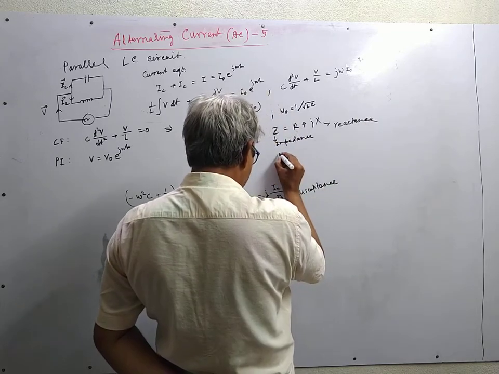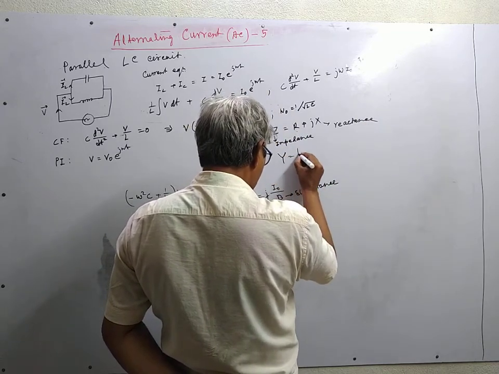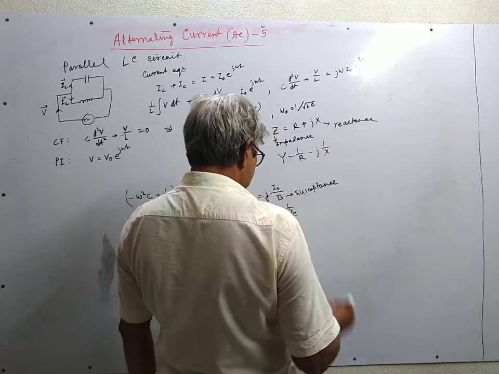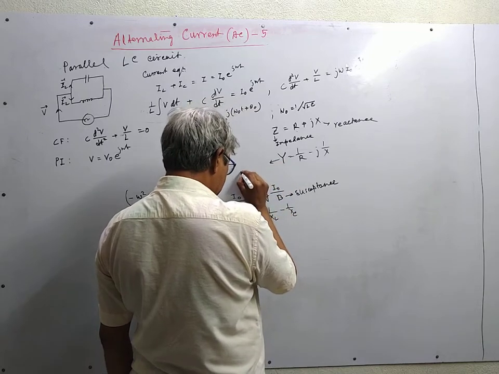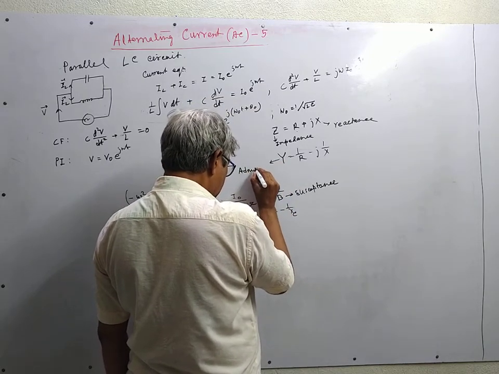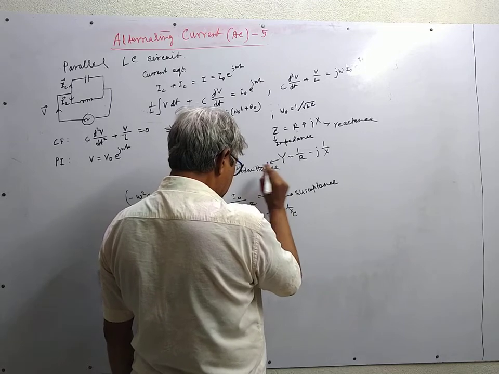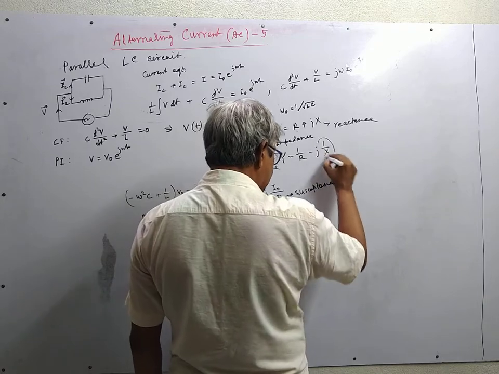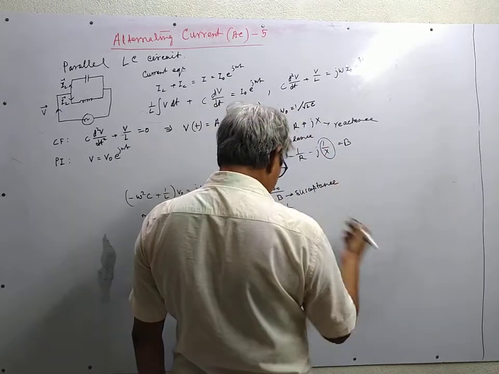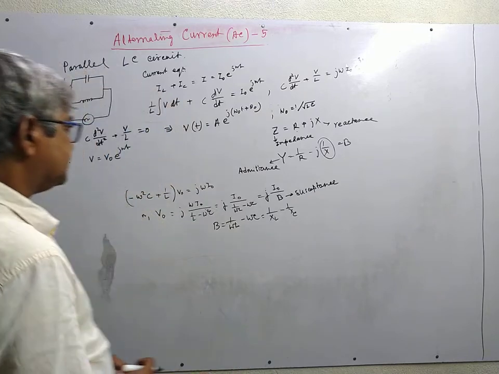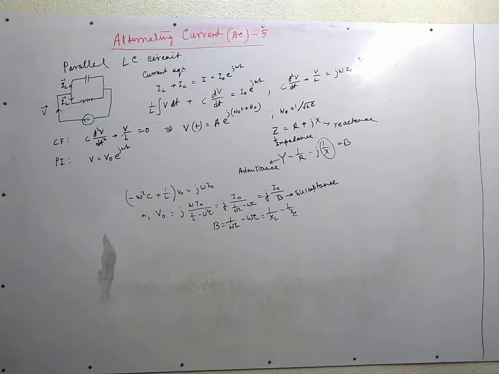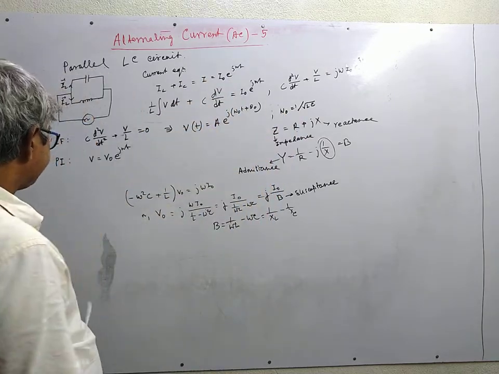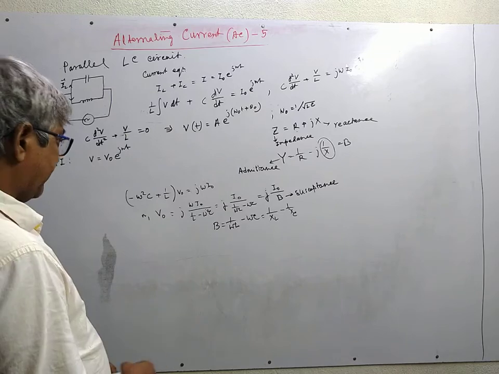We have also defined Y as 1 by R minus j 1 by X. This is admittance, and 1 by X is B. This is susceptance. These are the four quantities that we have used in addition to the resistance.